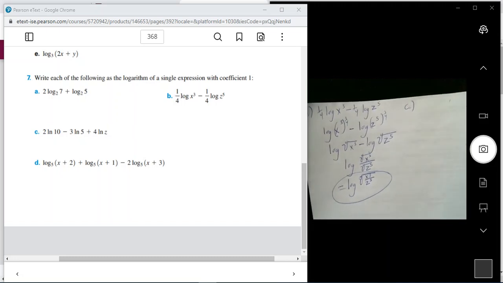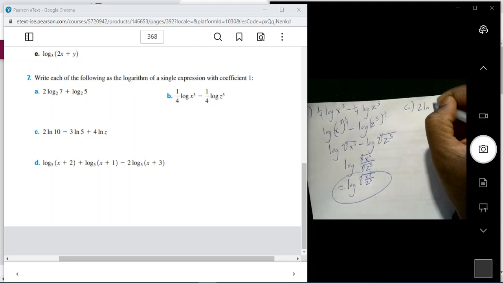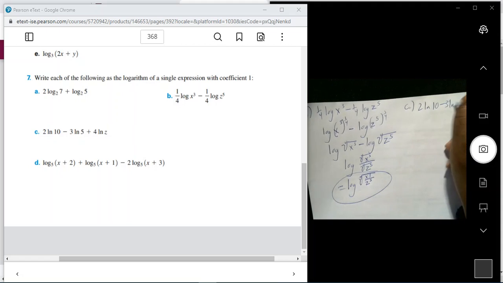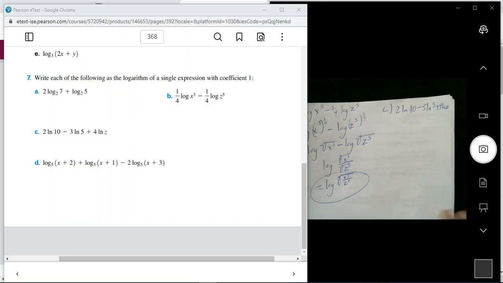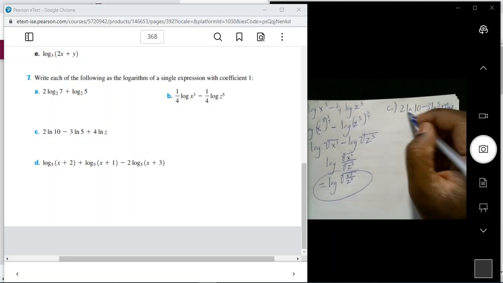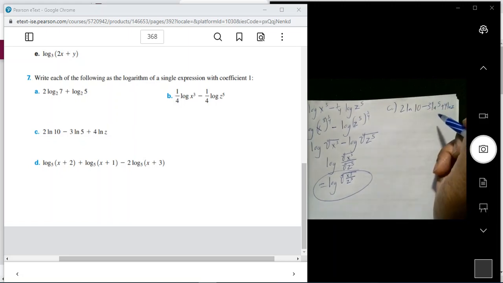Now C, we have 2 natural log 10 minus 3 natural log 5 plus 4 natural log z. Okay, so now what we're going to do is rewrite this because we want to make this into one logarithm.